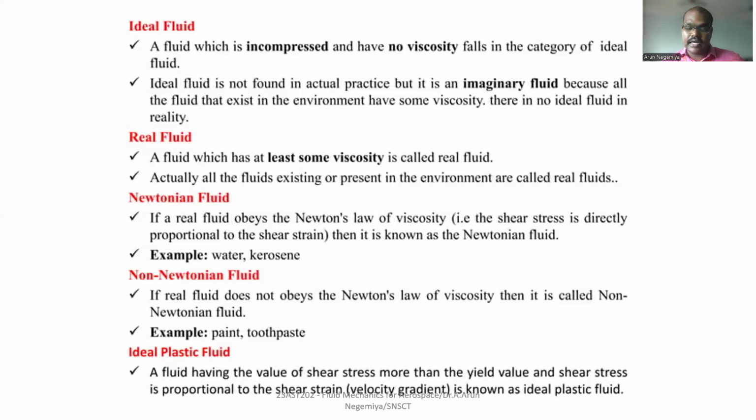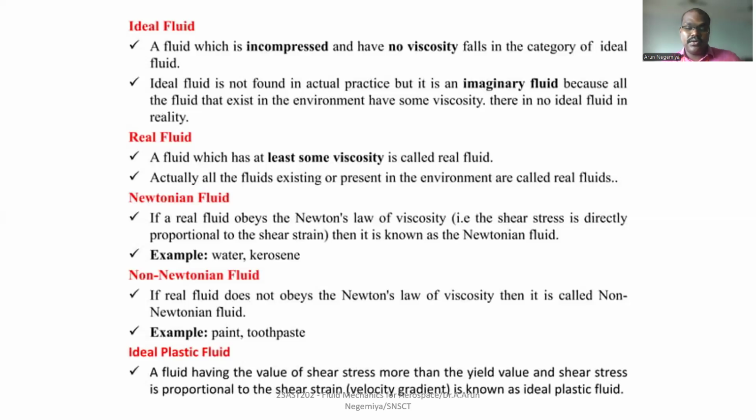These are all under the category of fluids. Here the real fluid has a non-zero viscosity. It has some resistance, for example, gases, petrol, diesel. These are all under the category of real fluids.